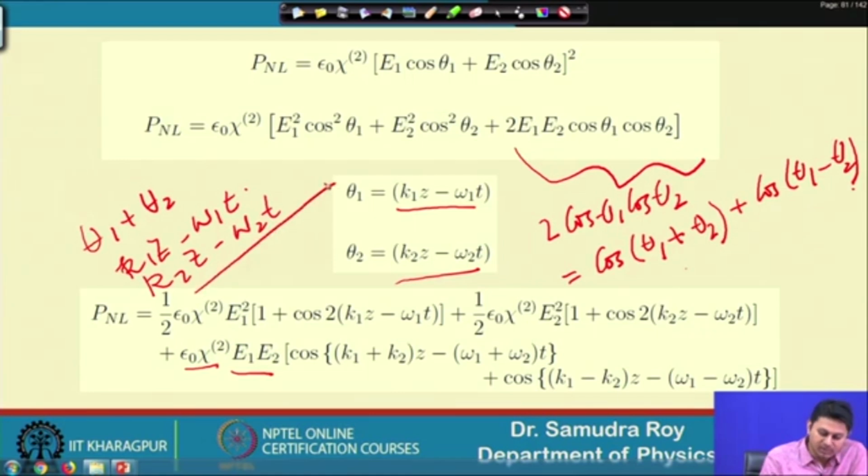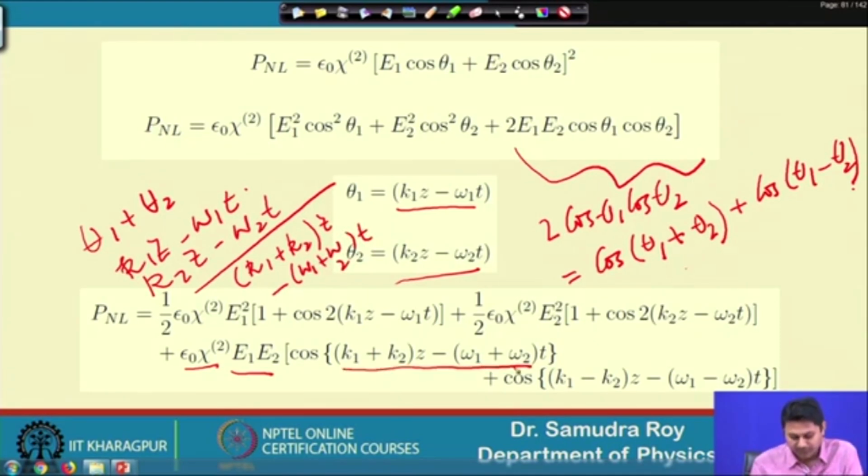If I add these two things, then I will have (k 1 plus k 2) z minus (omega 1 plus omega 2) t, which is exactly the first term. In a similar way, we can do the other term with the minus.